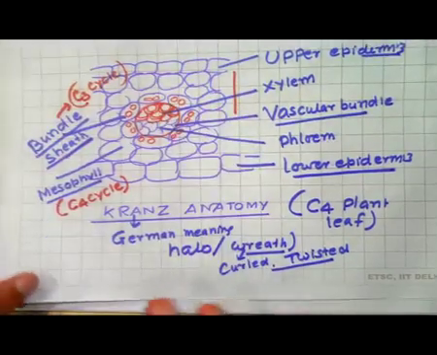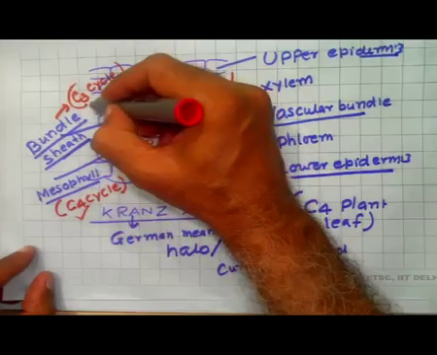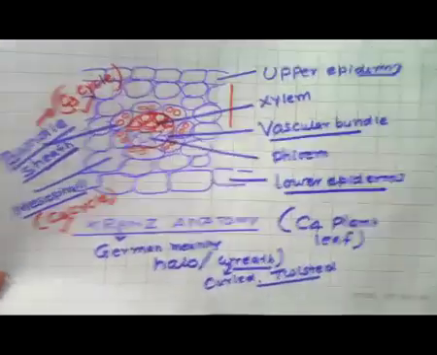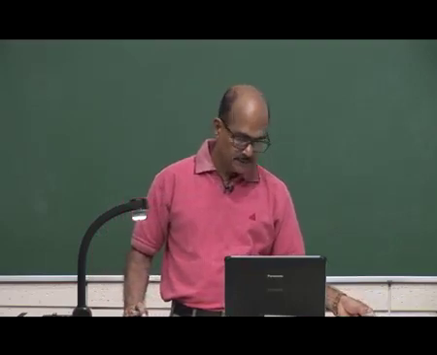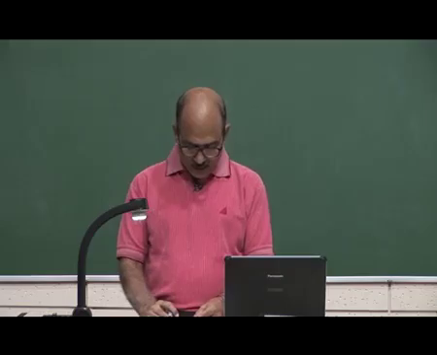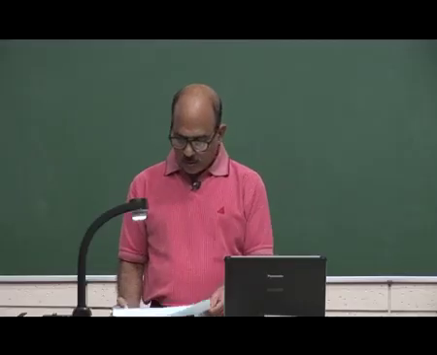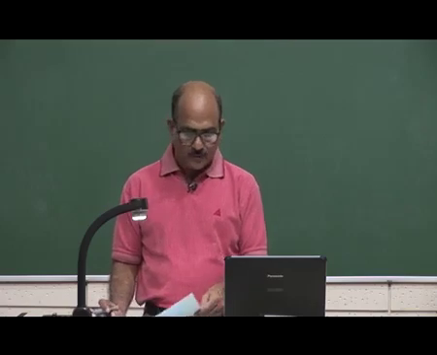So, in Kranz anatomy leaf both C4 cycle and C3 cycle are performed, but the first stable product is oxaloacetic acid. So, this is called C4 cycle or Hatch and Slack cycle.